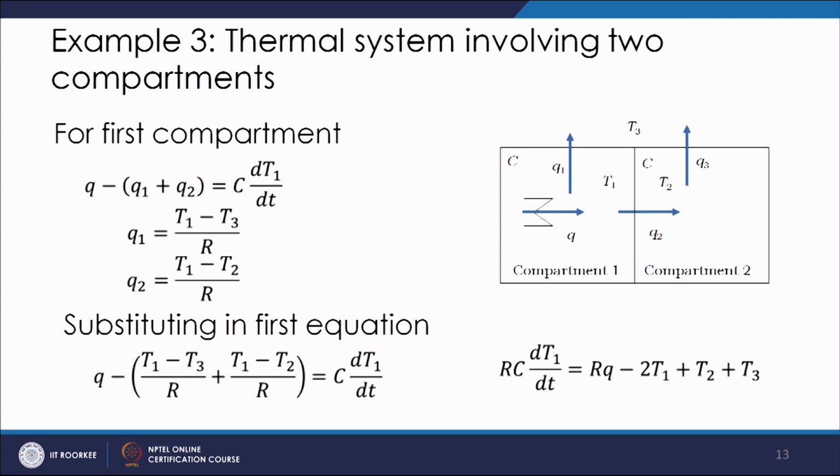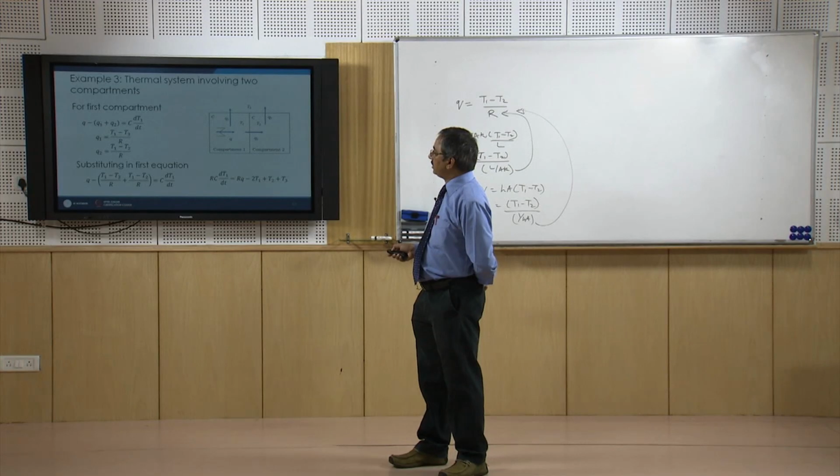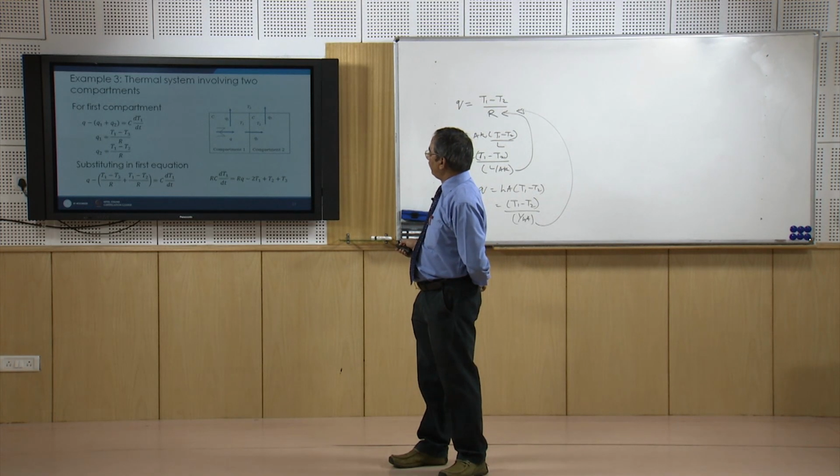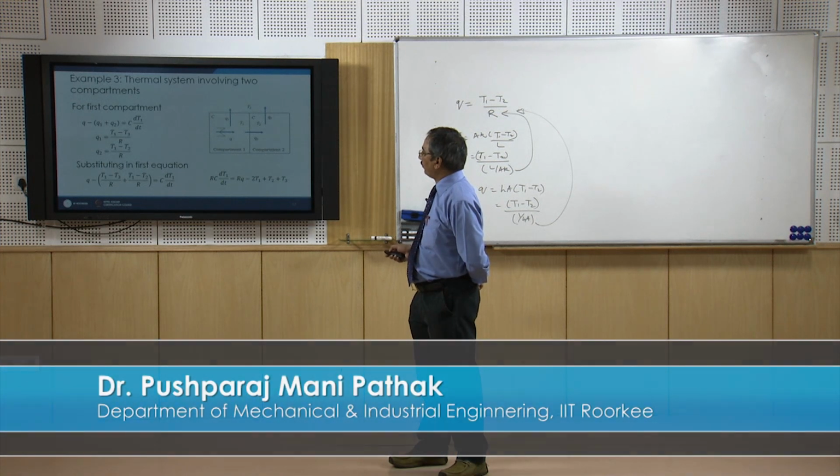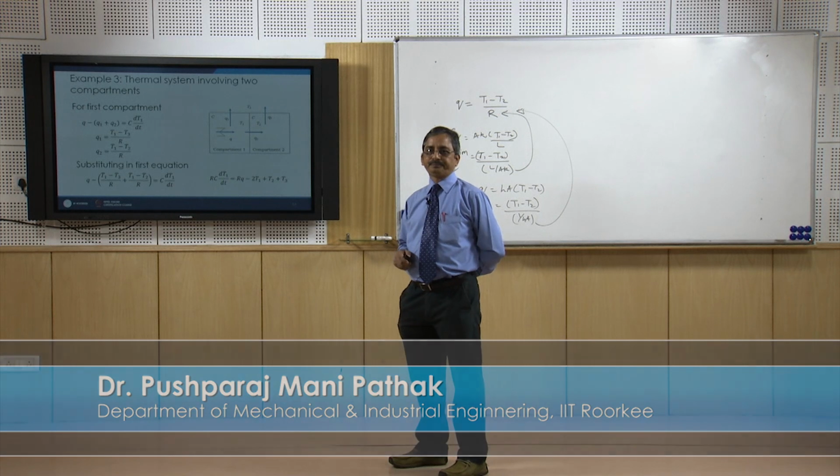As I said, my interest is to know about dT1 by dt. So, I can write this as RC dT1 by dt is equal to RQ minus 2 T1 plus T2 plus T3. Here these two T1 terms get added up, so they give you the 2 T1 term, and of course, we have a T2 and T3 term. So, this way we get it.